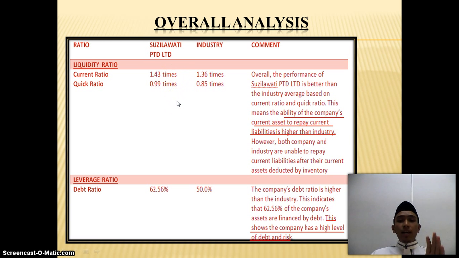So this shows that the company's ability to repay current liabilities is higher than the industry.